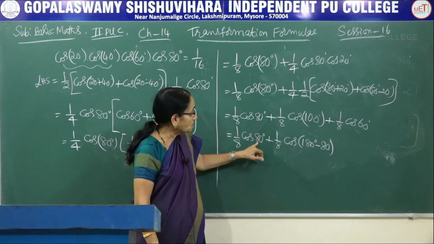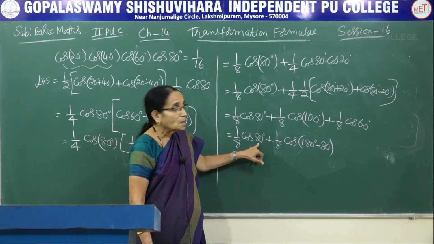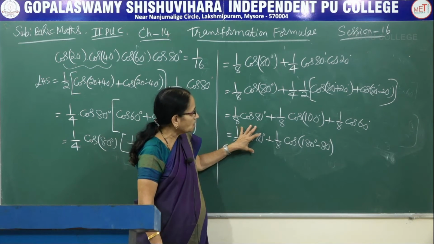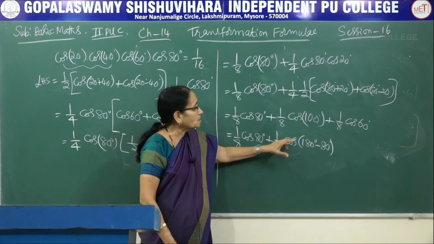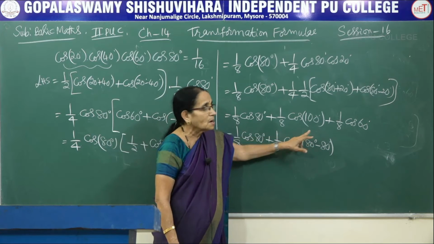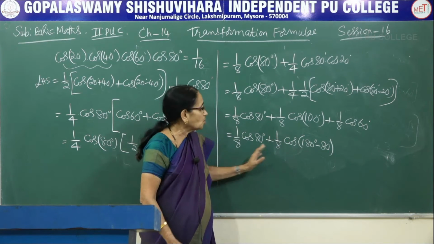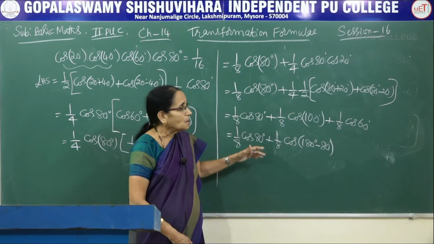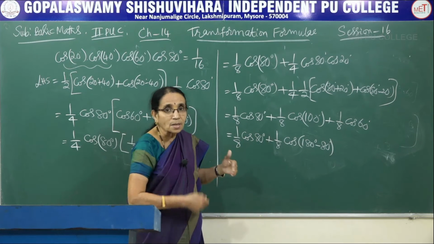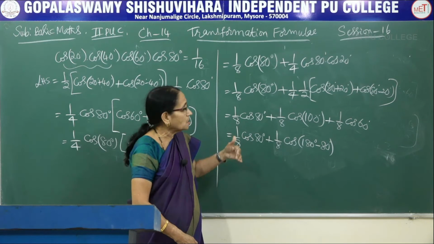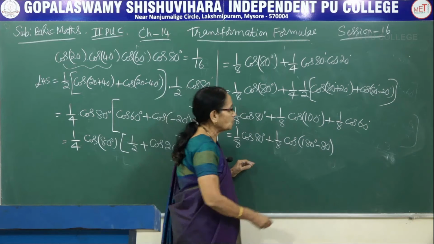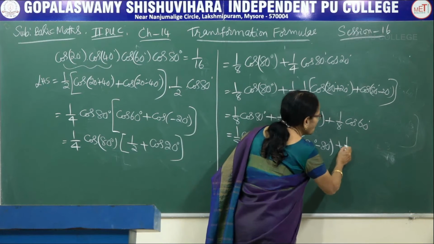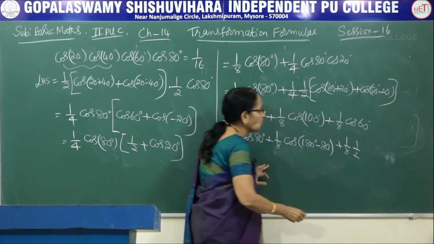Then this should be positive and that should be negative, only then it works. Suppose you have written 90 plus 100, cos would be changed to sin, so you cannot do the cancellation. Value wise it will be the same, but the two ways of expressing the same thing would be different here. Therefore, our aim is to eliminate that term. So write it as 1 by 2.